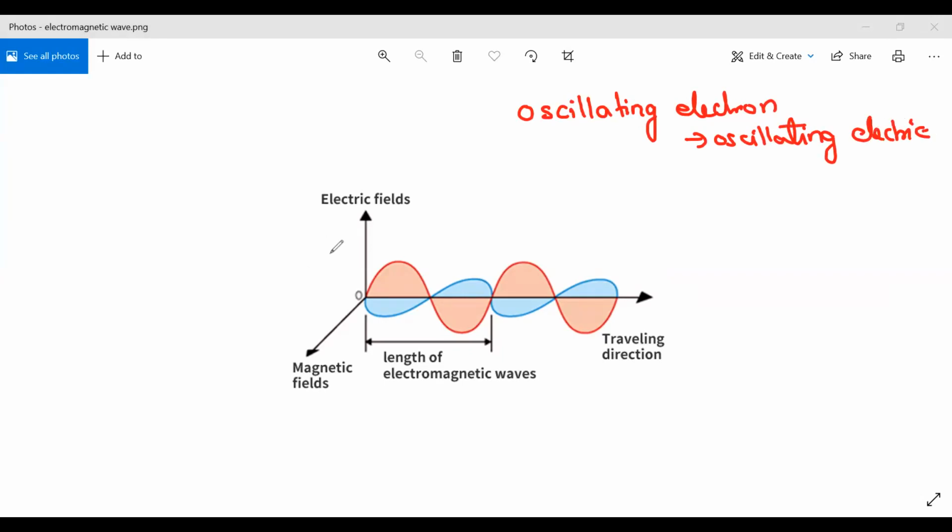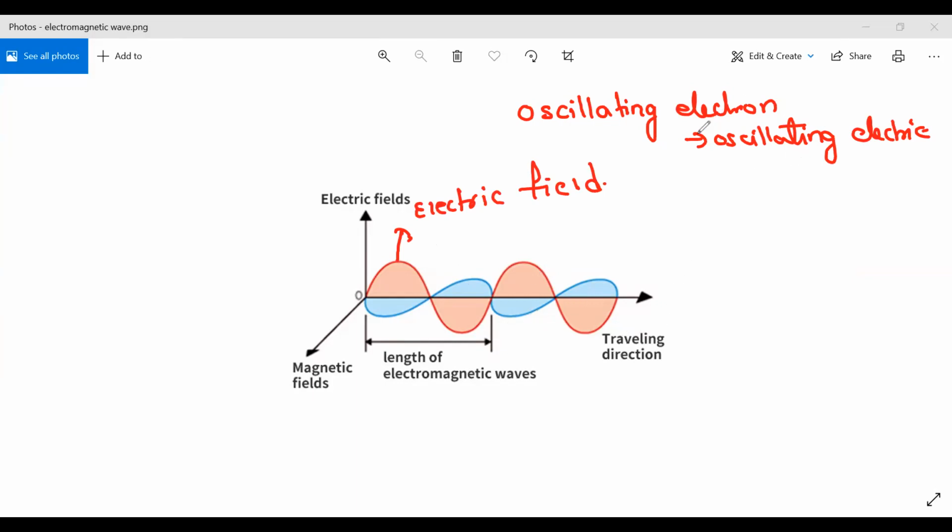See here, the red color line is the electric field. This oscillating electron generates the oscillating electric field shown by the red color wave.